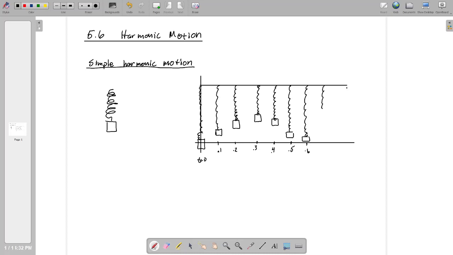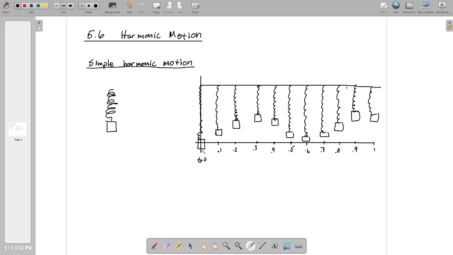And then at 7/10, we're going back up a little bit. 8, 9, going back up. And then at 10, we're going back down a little bit. 10/10 would be at exactly 1 second.